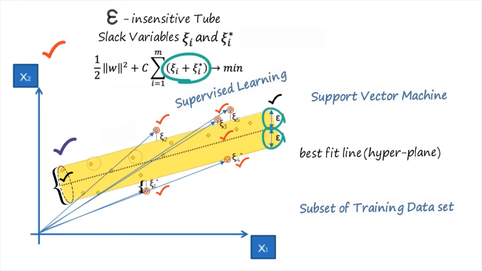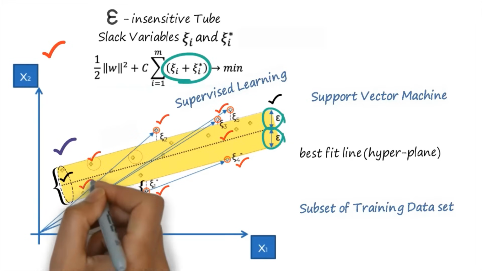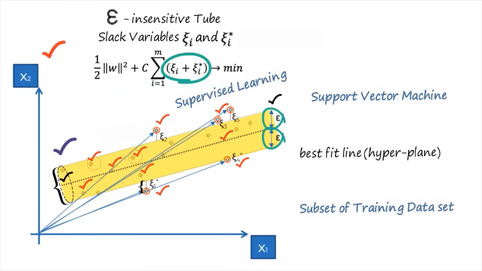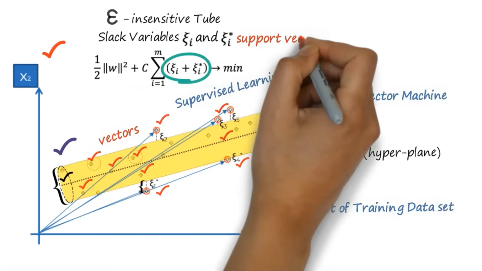Effectively, any points on this plot are vectors. In the case of SVR, you have to understand one more point. Whatever points you are finding over here, each and every point is known as a vector in 2D space. And the points that are outside the tube, which are also known as slack variables, are actually the support vectors.